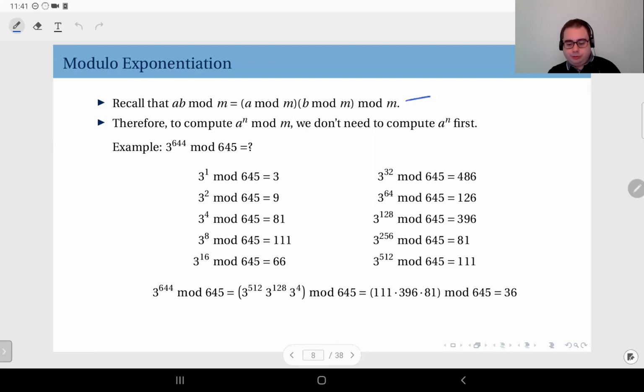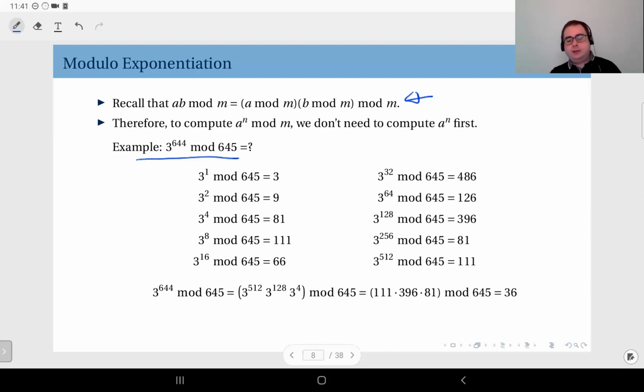we are going to use this result here: a times b modulo m is equal to a modulo m times b modulo m, modulo m. So here I'm going to give you an efficient way to compute modulo exponentiation. The point here is, for instance, if you encounter a problem like this, what is 3 to the power 644 modulo 645?